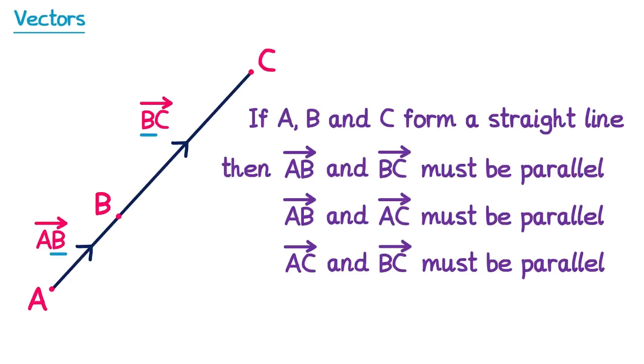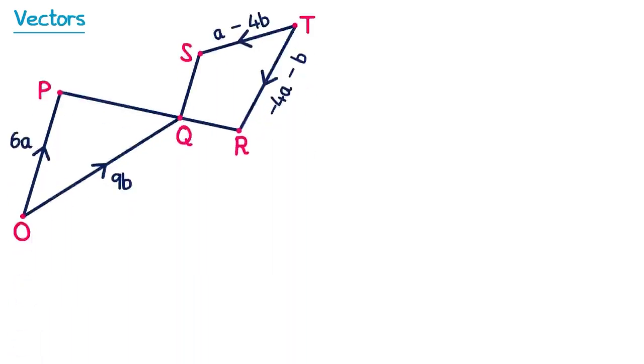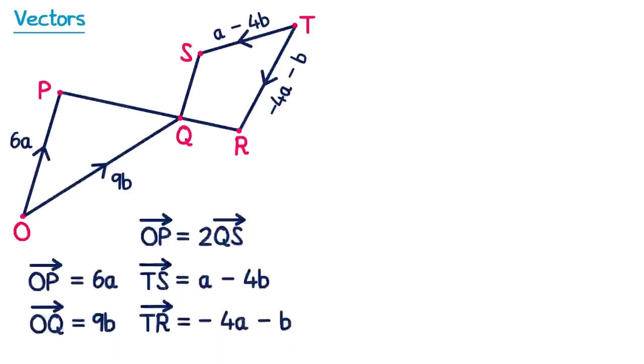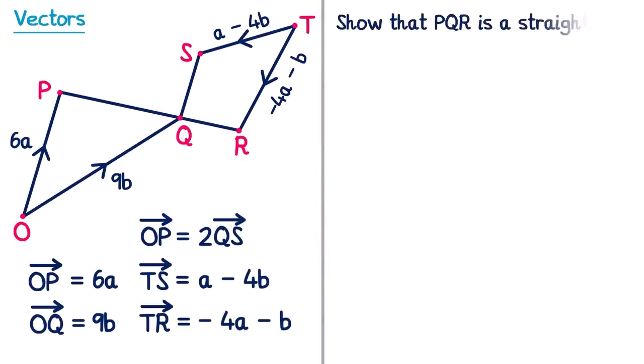Let's have a look at how we can use this in a question. So if we take this diagram here, and all of this information about the vectors, the question we're going to answer is, show that PQR is a straight line. So we know from what we just did that to show PQR is a straight line, we'll need to find two vectors.